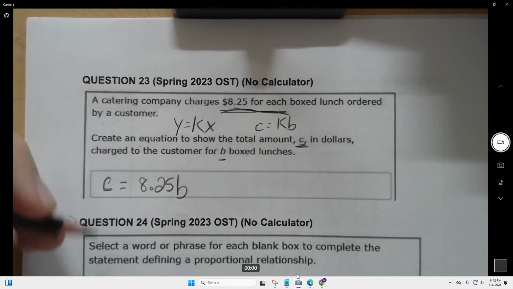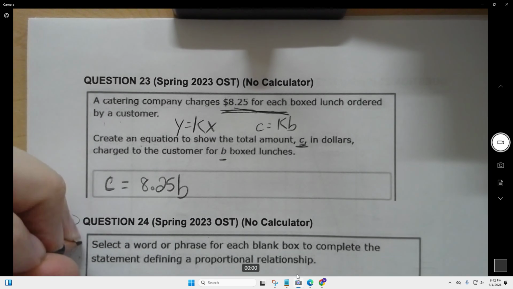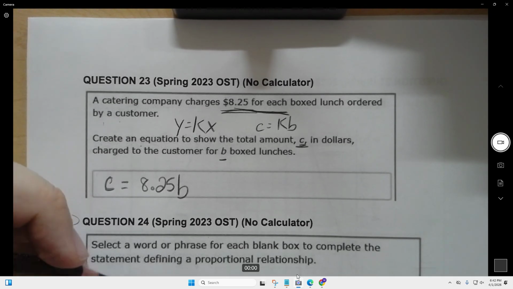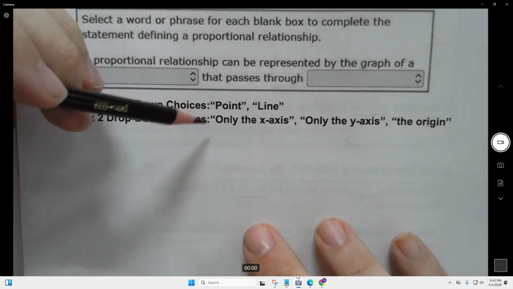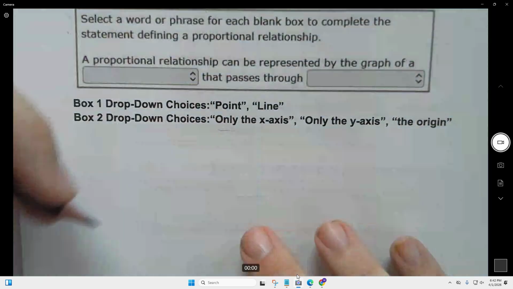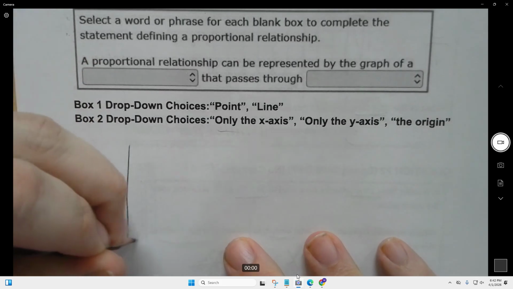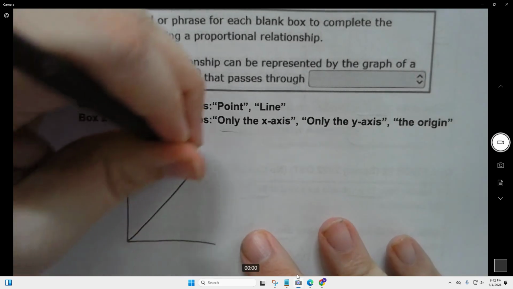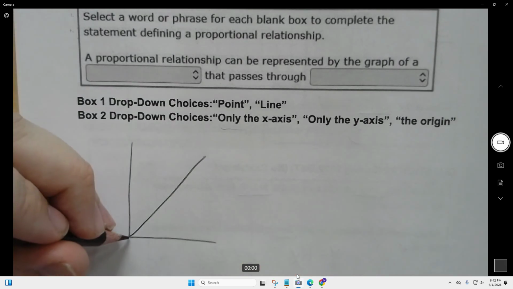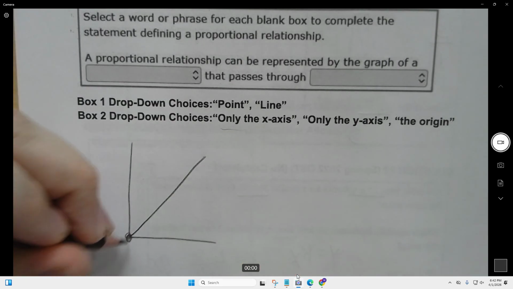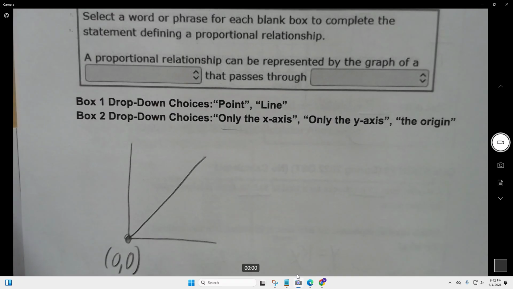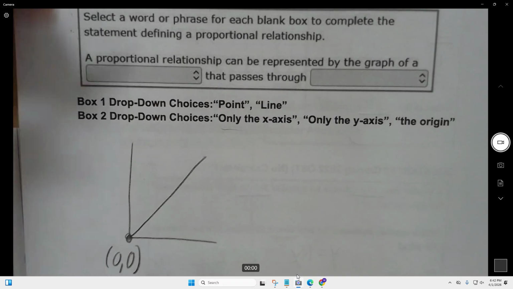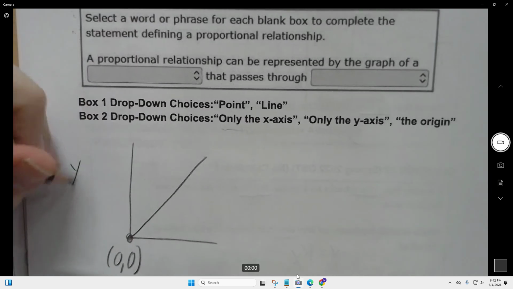24. Select a word or phrase for each blank box to complete the statement. A proportional relationship can be represented by the graph of a point or line that passes through only the x-axis, only the y-axis, or the origin. Well, let's think about every graph we've seen so far. Every graph we've seen so far has looked like this. That's because for a proportional relationship to work, your first point has to be at 0, 0, because we have y equals kx.